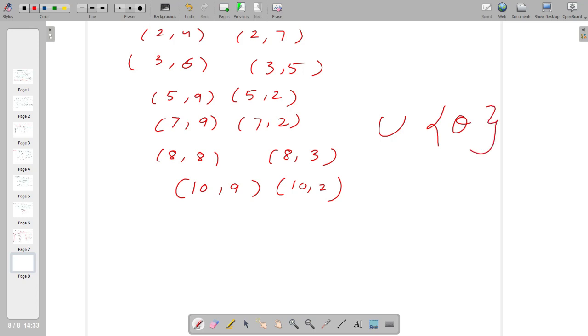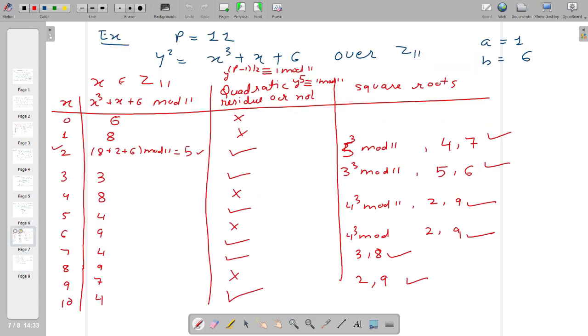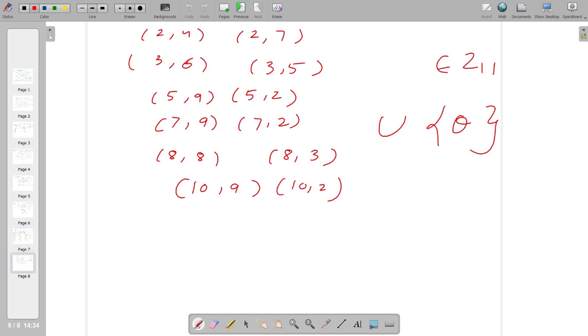These are all the points belonging to Z11. So this is how we calculate the points on the curve.